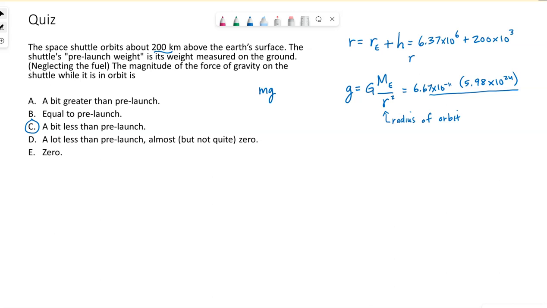I'm going to add these together. So r, in our equation to calculate the acceleration due to gravity, ends up being 6.57 times 10 to the 6th.